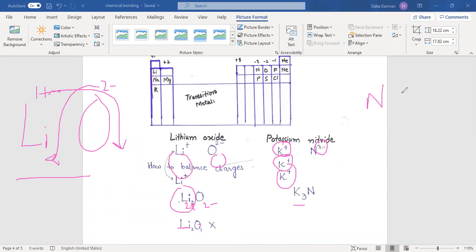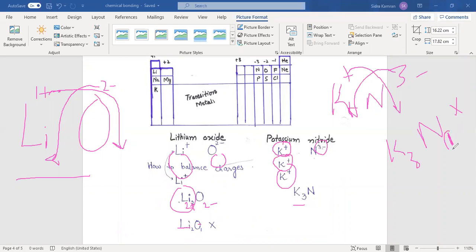Remember this. Another way to write the ionic formula is to cross exchange the valency. Potassium has a valency of +1, so you write it here, and nitrogen has a valency of -3, right here. So K3N1. No need to write 1 here. This is a wrong way.